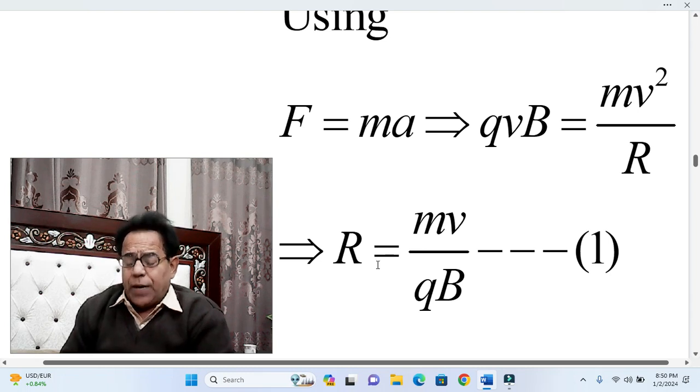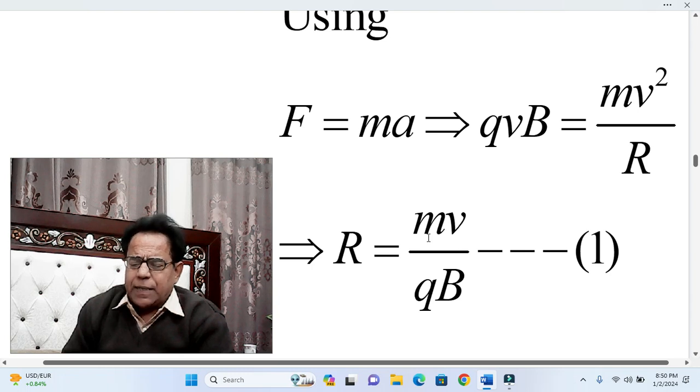One time we will enter the mass of electron, then all other values will remain the same. We will only change the mass of electron by mass of proton, then we will use mass of deuteron, then mass of helium or alpha particle, etc.